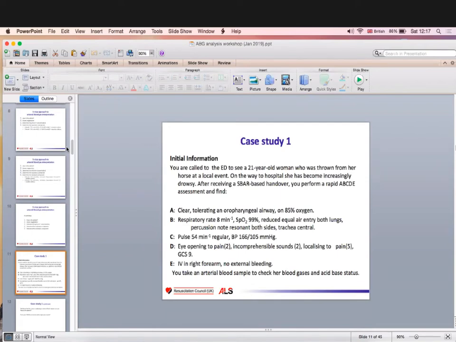Background is we don't know the background. She looks as if she is of normal health, isn't it? Because she's a 21-year-old. Recommendation is what you recommend the handing over team to do, maybe to intubate and ventilate or to do a CT or something like that.